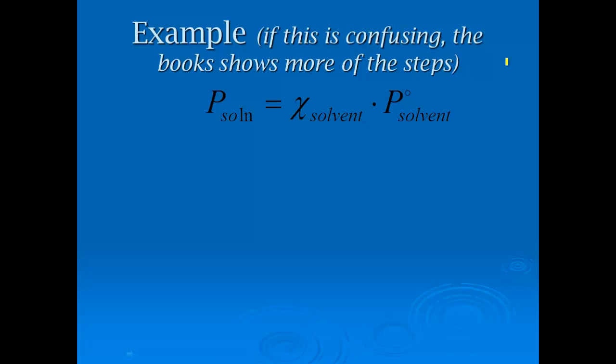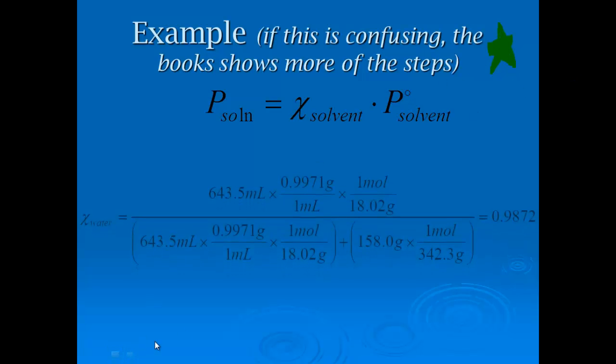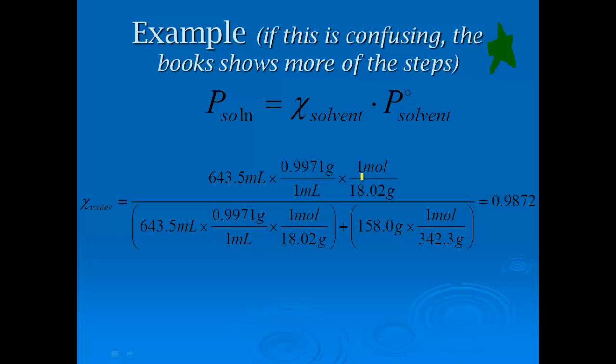Again, here's my little caveat here. If this looks confusing, the book will show more steps and will kind of get you from point A to point B. So here's our initial stuff. We're looking for the mole fraction. And this is just going from the volume to the grams to the moles, because obviously we've got to have moles on top.